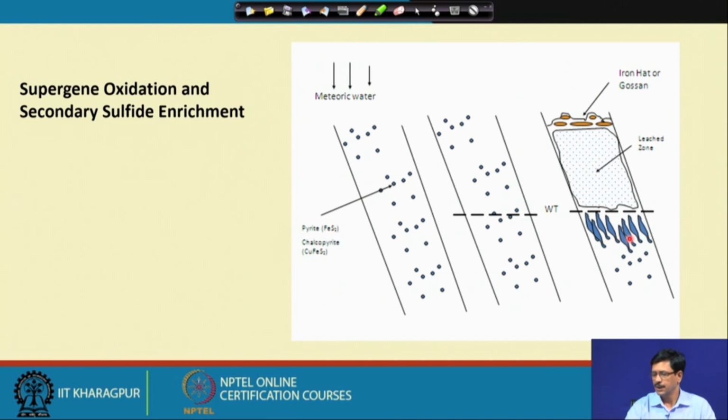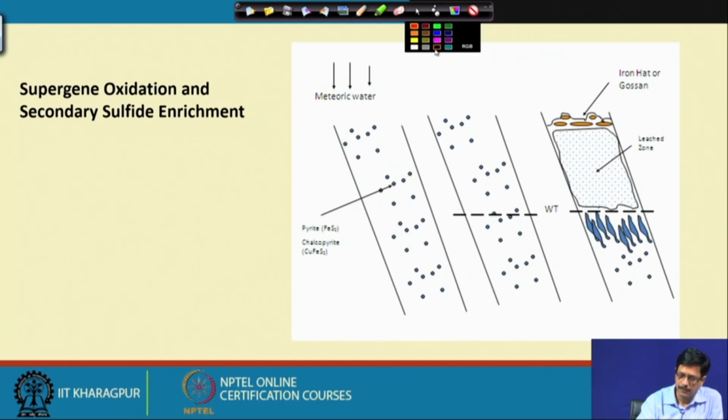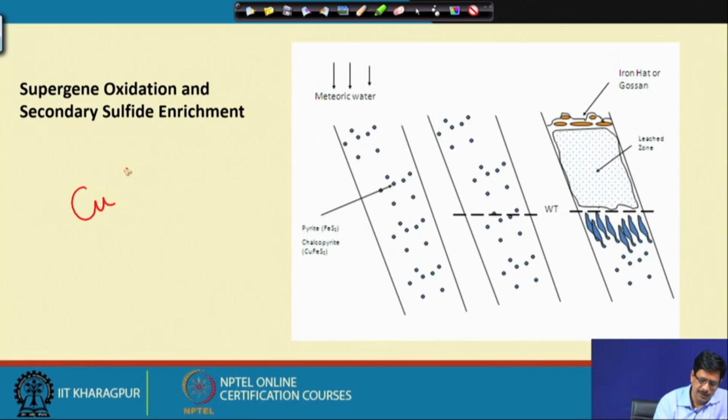As we know, copper minerals like chalcopyrite, CuFeS2, is a primary sulfide of copper and iron.